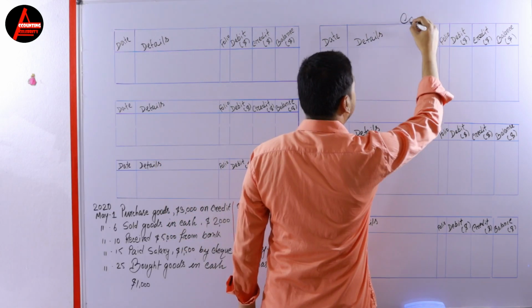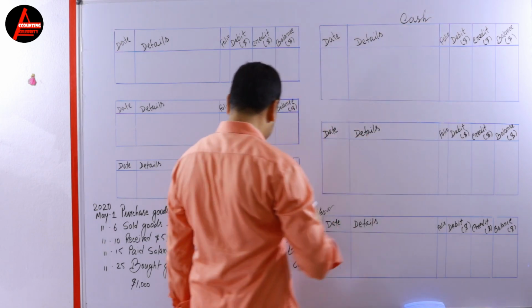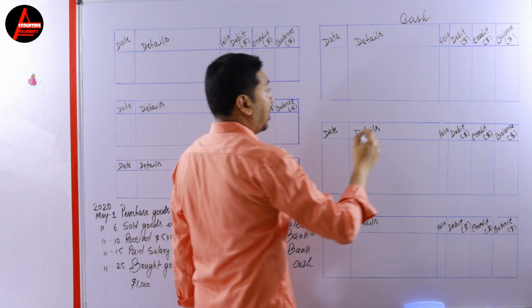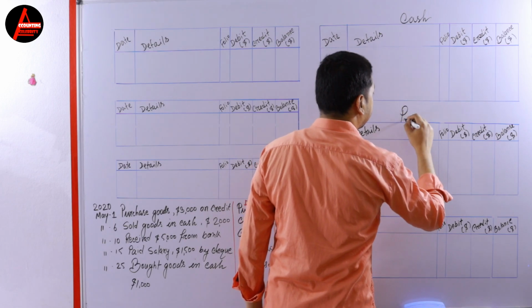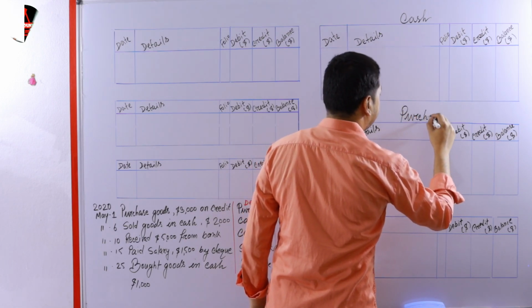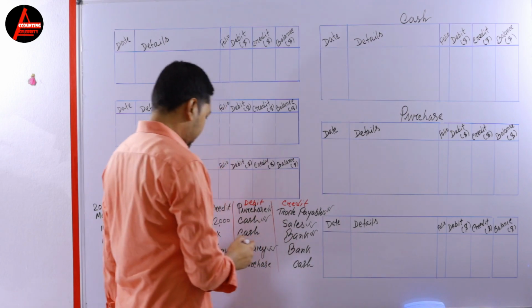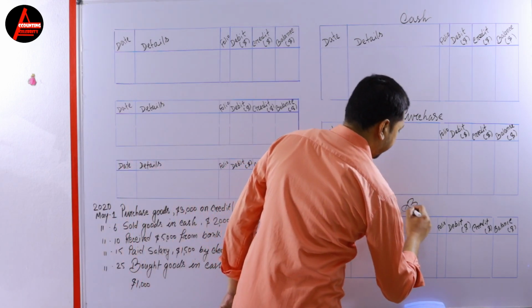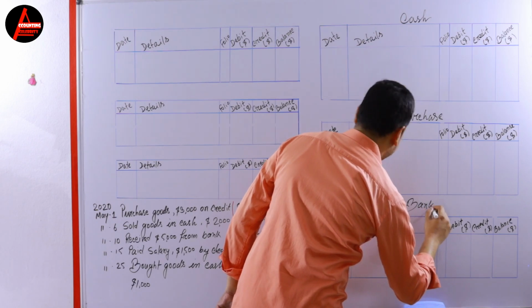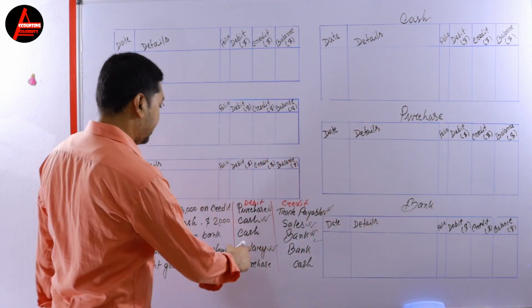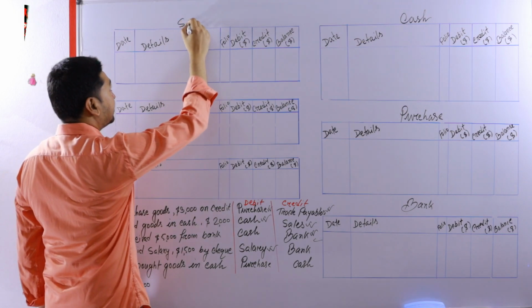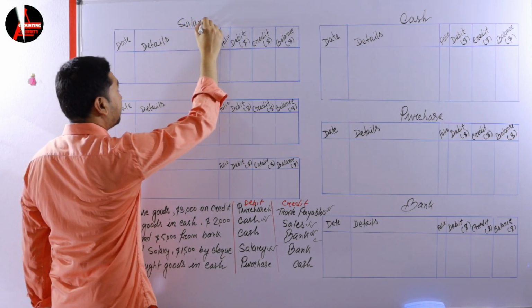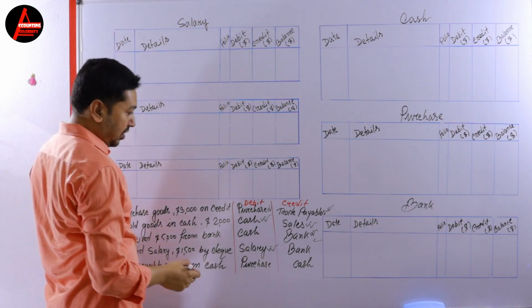Okay, this will be the cash ledger. Then we have the purchase ledger. Then we have the bank ledger, right here bank. And then we have salary.